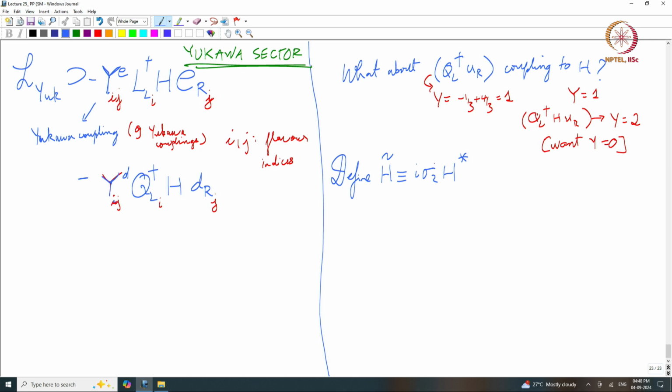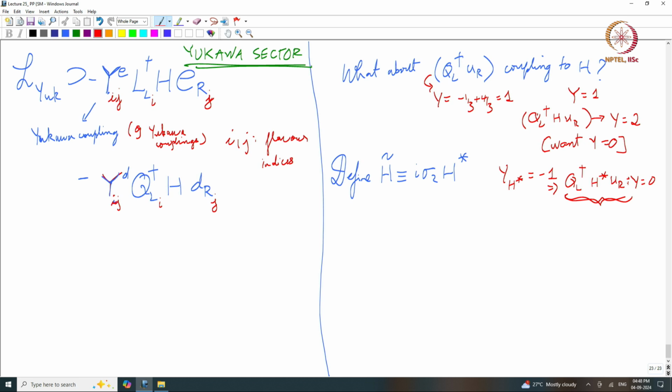Because if I have an H star, what is the hypercharge of an H star? That's minus 1, right? So if I somehow have a term that looks like QL dagger H star UR, then the total hypercharge is 0, right? Minus 1/3 plus 4/3 plus minus 1, basically. So my object is to construct a term like this, but it's not really this.